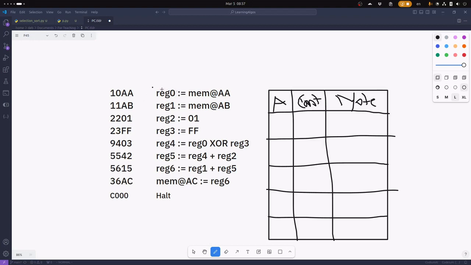Okay, so see what I did first. I loaded the value of memory address AA into register 0, and again loaded the value of memory address AB into register 1.